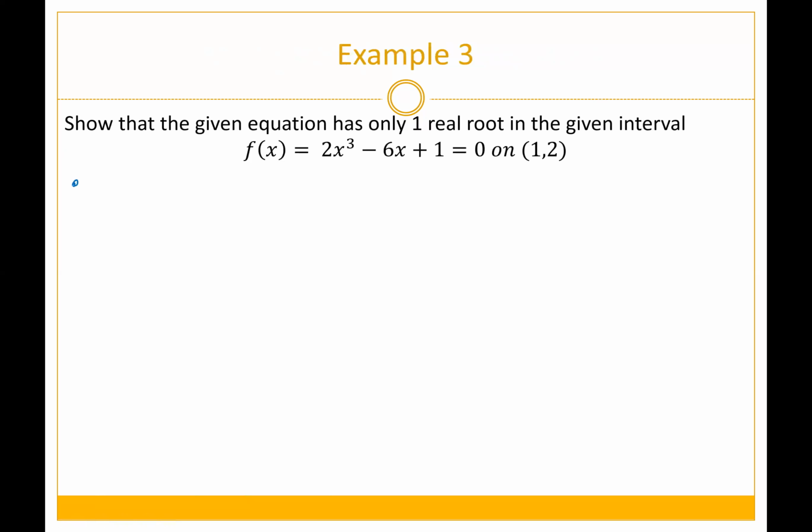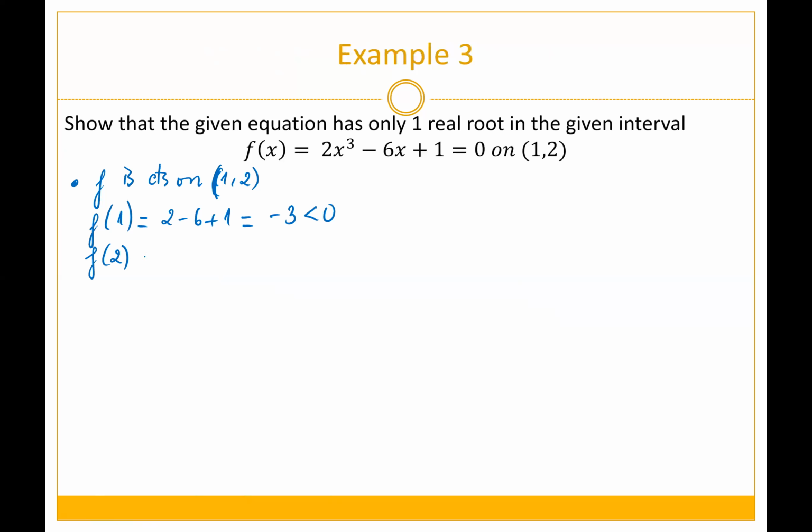To use the intermediate value theorem, you need f to be continuous on 1 to 2, and clearly this is a polynomial, so it's continuous everywhere. So f of 1 is 2 minus 6 plus 1, which is -3, smaller than 0.